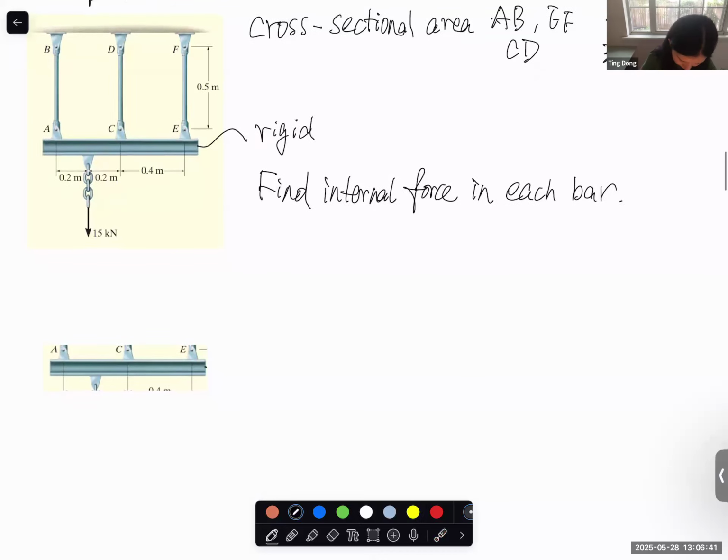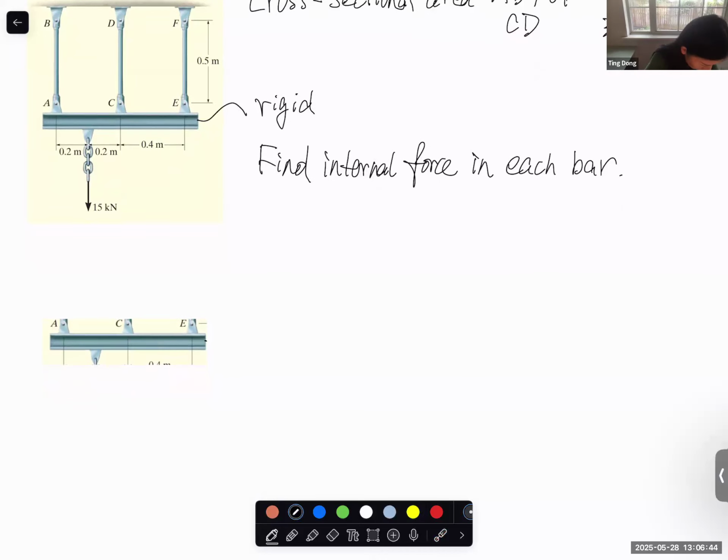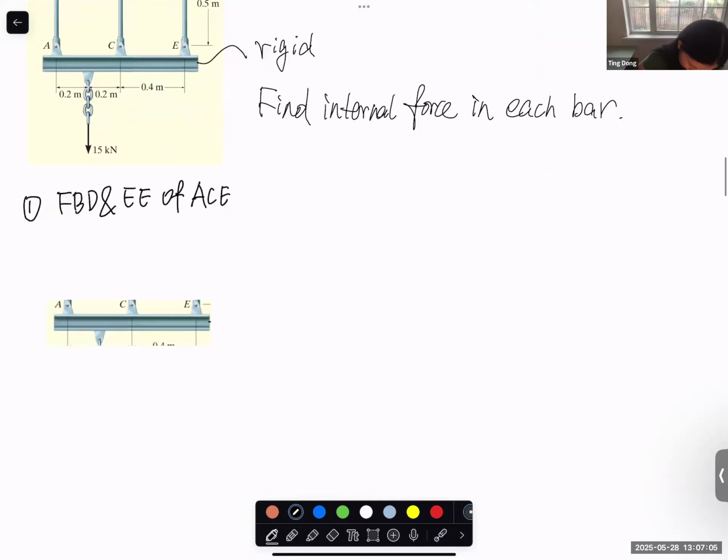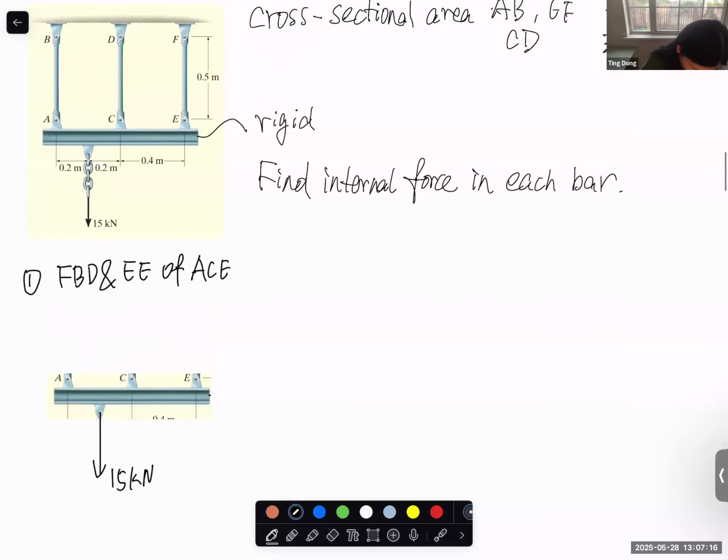So now, first step, let's do the free body diagram and equilibrium equation of ACE first. On this one, we have the force applied at this point, 15 kilonewton. And we also have the forces applied by the AB link, by the CD link, and by the EF link.